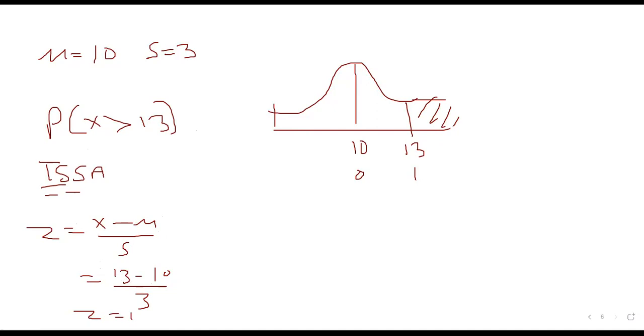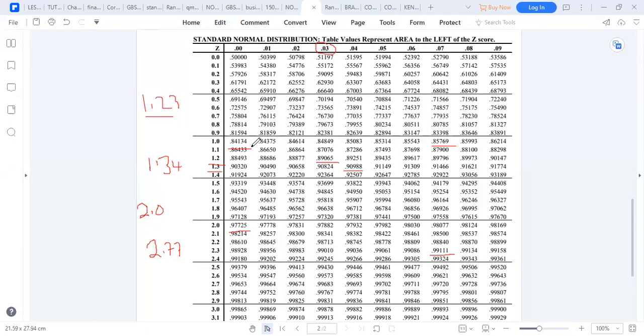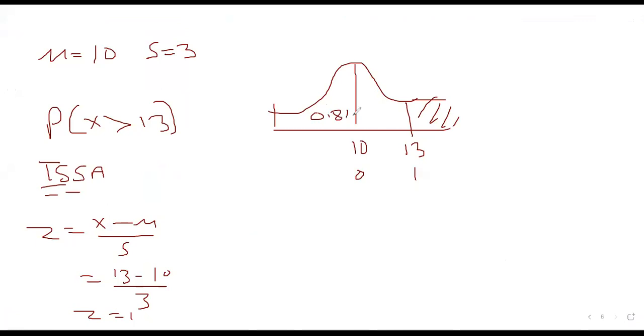When I go to 1.0, it's going to give me 0.84134, meaning the reading from here to here is about 84%. So for me to get the remaining reading, it's just a remainder. So I'm going to subtract 0.84134. So the remainder here will be about 15%, 0.1587.